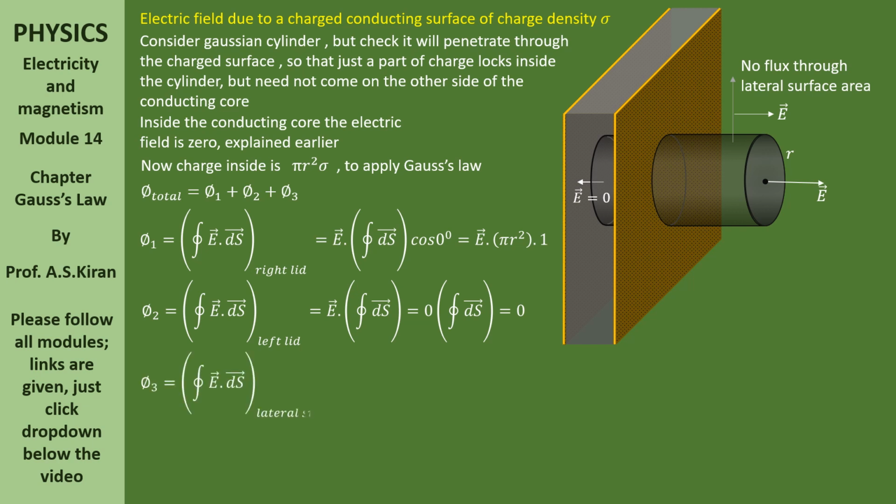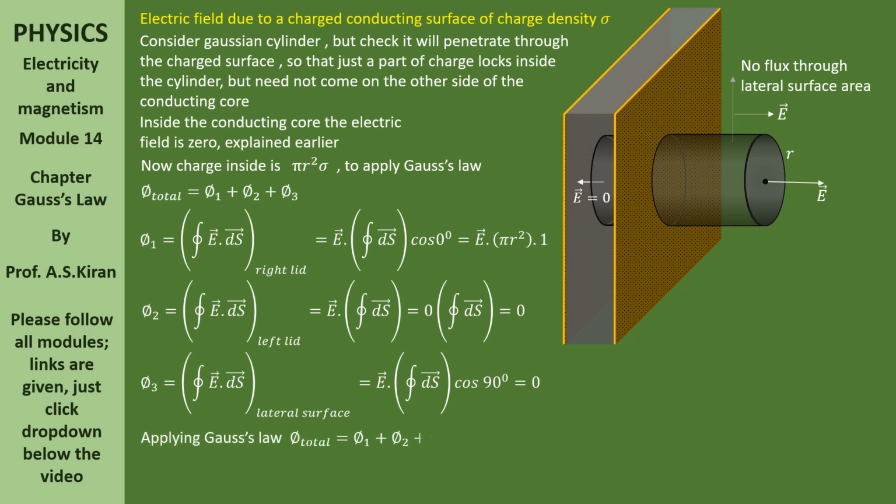Now, flux through the lateral surface area is also 0. The lateral surface area vector is vertical, and the electric field is horizontal. The angle between them is 90 degrees, so flux 3 is equal to 0.